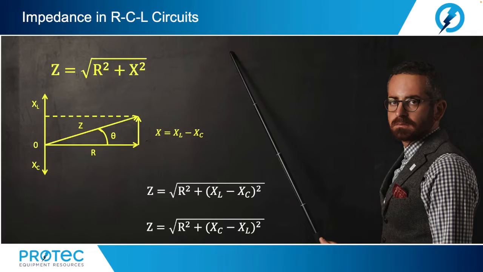Impedance in a resistive capacitive inductive series circuit is equal to the phasor sum of resistance, inductive reactance, and capacitive reactance, as we see here.